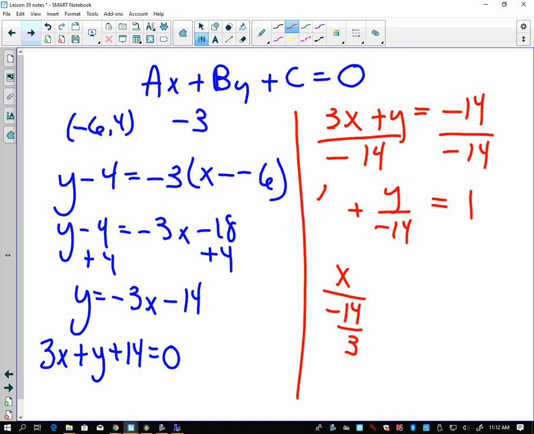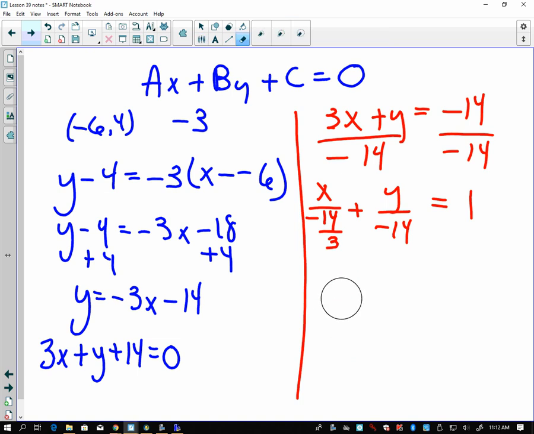Okay, so that's what it is. x has to be on top, so you divide by the 3. Well, it would be if y was in that same situation. Although, if we've solved for y first, we'll never be in that situation because y will always have a coefficient of 1. Okay? So this is the double intercept form. This is the general form. Here we've got the slope intercept form. Questions about that? Okay.